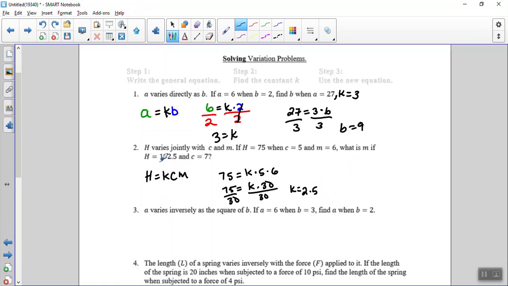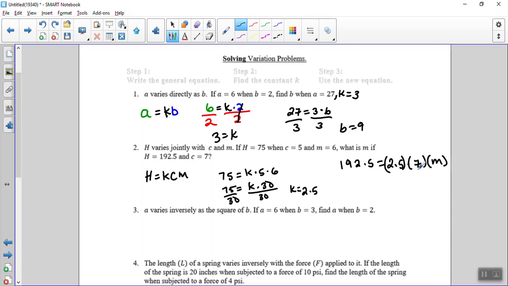And then it says, what is M when H is equal to 192? So now the H was 75 and it changed to 192. I'm going to put that new number, equals, and use the same equation. I figured out K is 2.5, times C is 7. See, this is why I like to use parentheses. (7), and then times M, and I don't know what M is.